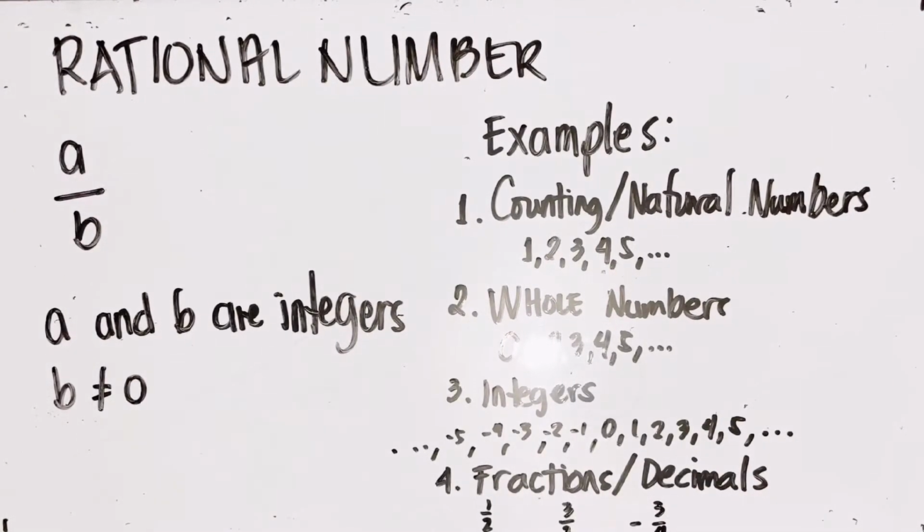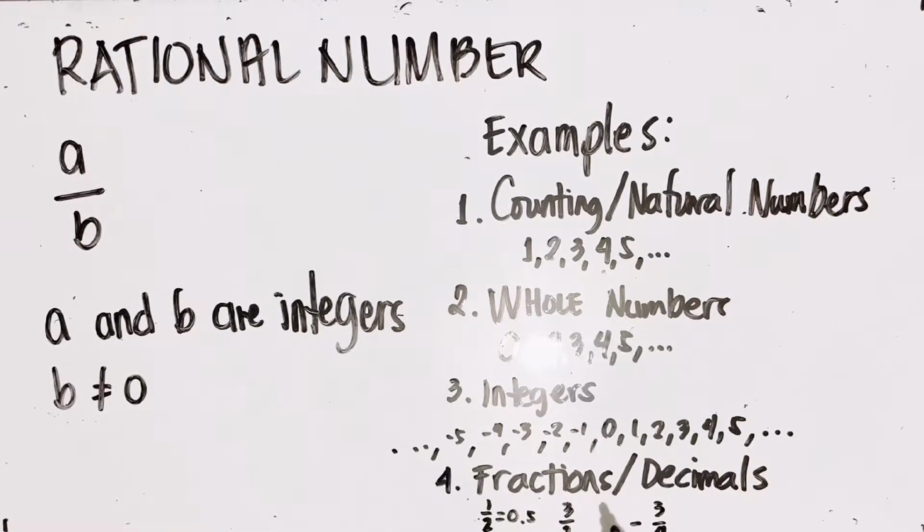These fractions can also be rewritten into decimals. So for example, 1/2 is just equal to 0.5. How did I get 0.5? I divide 1 by 2.